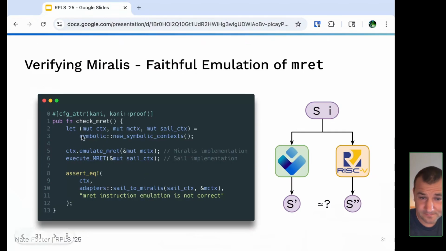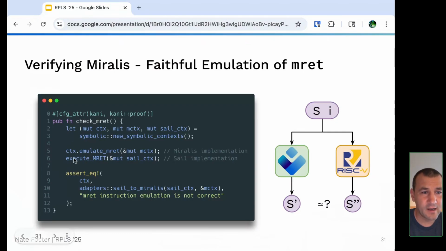Stepping you through this, the first line creates what we call a symbolic context. This encodes an arbitrary CPU state where all of the registers have arbitrary values, they have to satisfy some validity conditions, and we also have the instruction that we're interested in analyzing here.